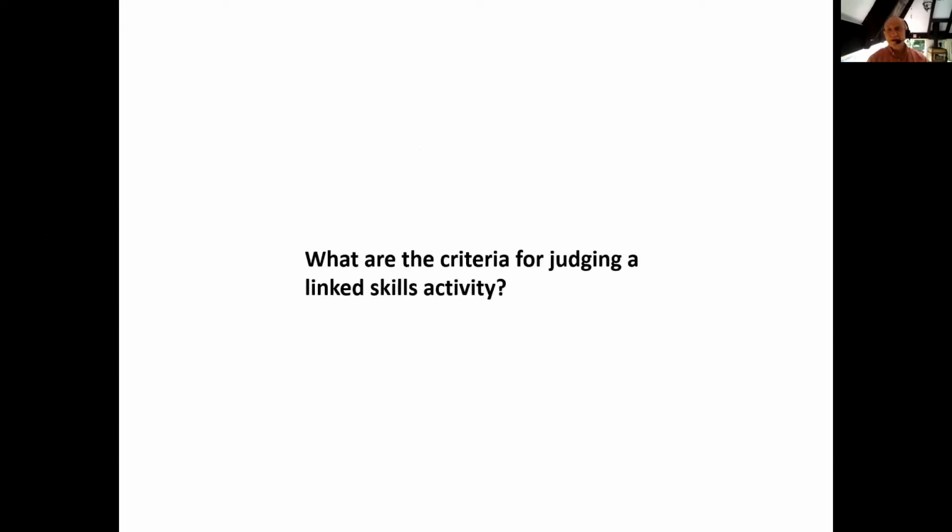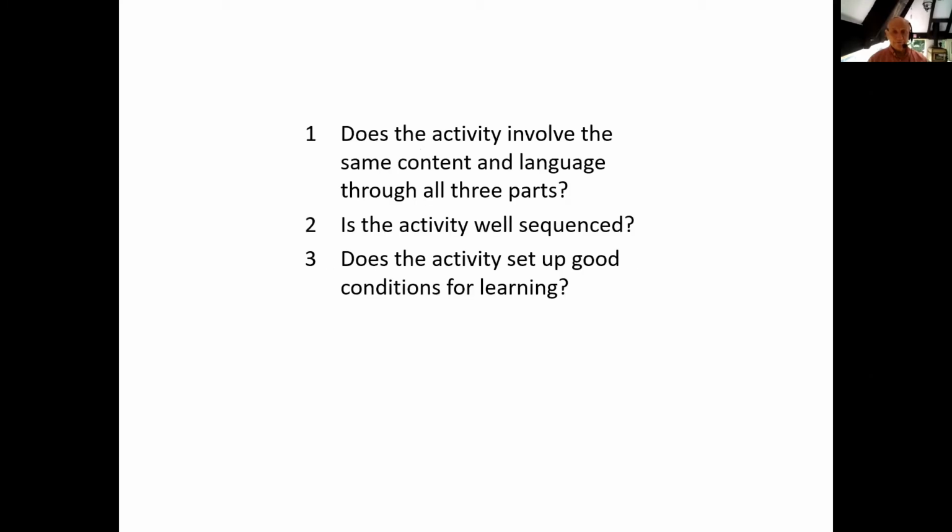Now, if we see a linked skills activity, how can we judge whether the linked skills activity is a good one or not? So if we design a linked skills activity, then the first question we should ask ourselves is, does the activity involve the same content and language through all the three parts of the activity?